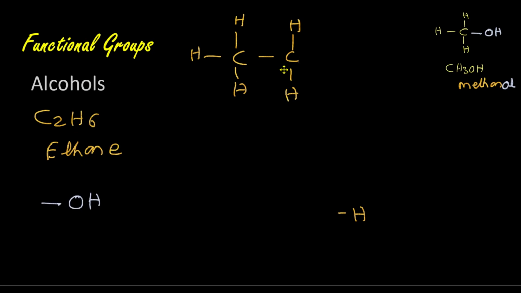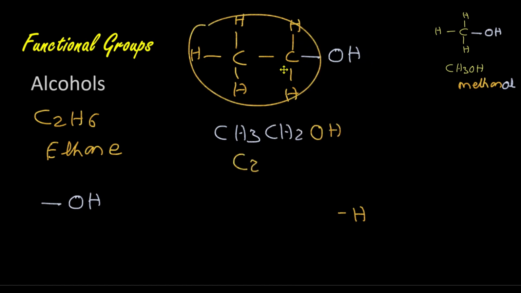Number one is its molecular formula and the structure, right? So the structure has now changed. You may write this as CH3 for this part, CH2 for this part, and OH for this. Or alternately, you may also write C2H5OH.